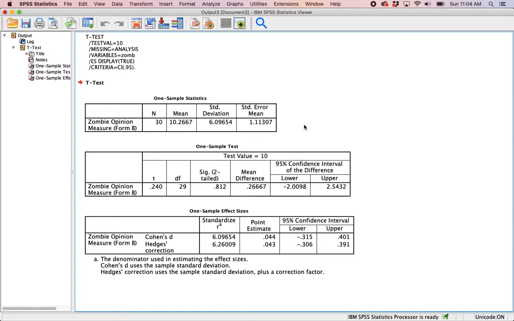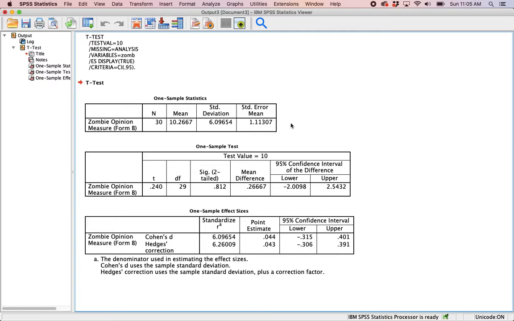So ahead of time, it's a valuable number to know because we're saying to ourselves, all right, our test value is 10. Okay, 10 is the known population mean. We got a sample mean of 10.2667. The typical amount of difference that we were likely to get via that random sampling process would be about 1.11.